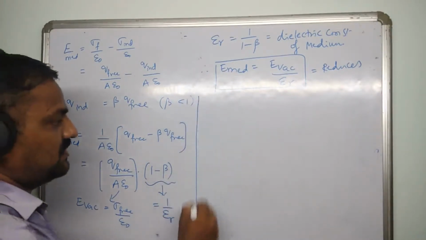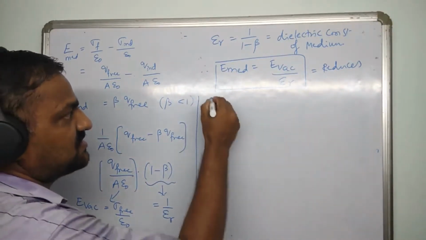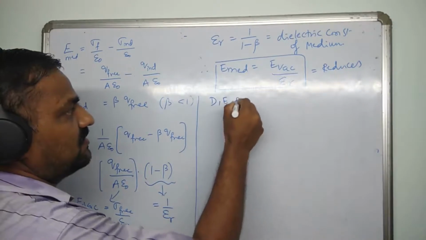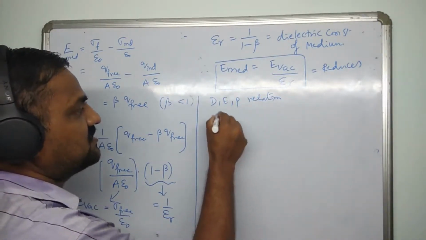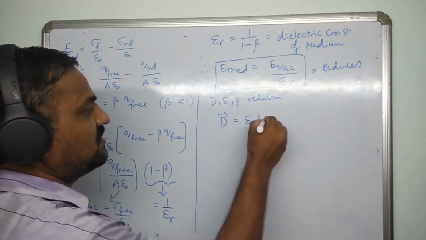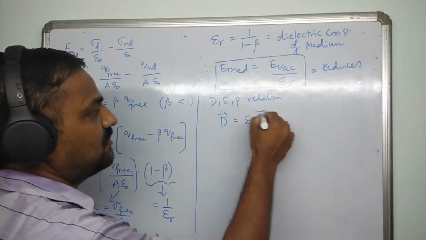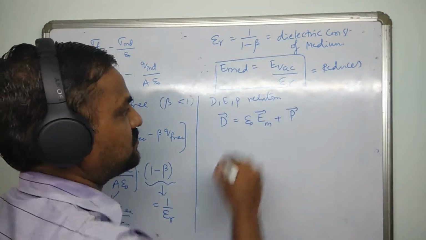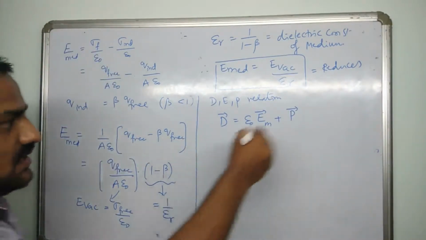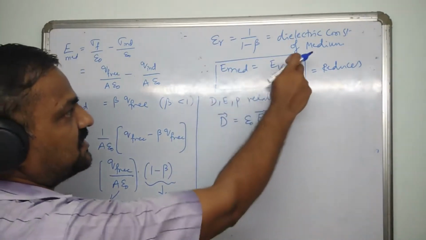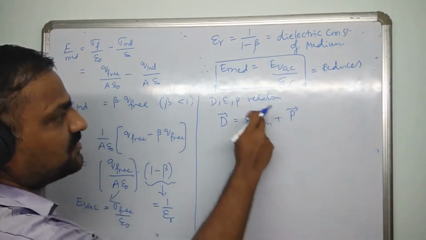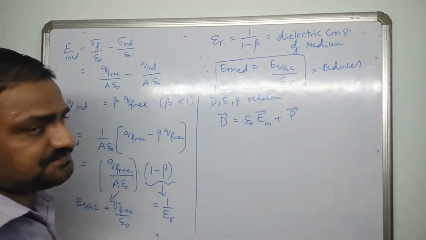So recall the D, E, P relation. It says D is equal to epsilon 0 E, of course E is E medium, plus P, the polarization vector. In scalar form also you can take, as we know, E medium is nothing but E vacuum by epsilon r, so wherever you get this you can safely replace it.